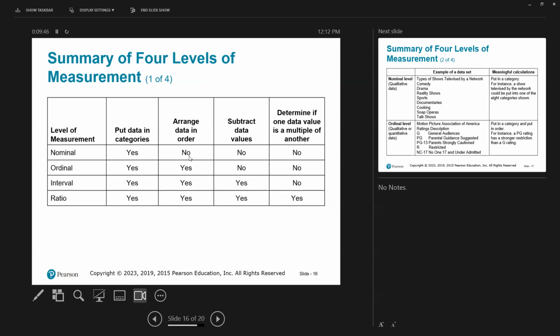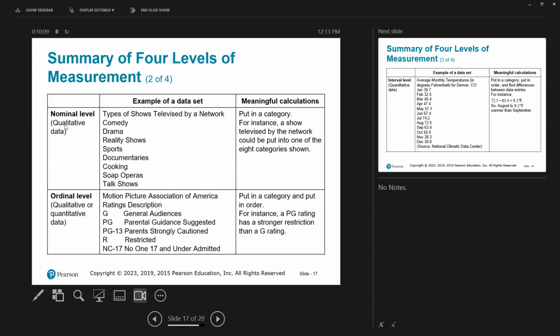There is no meaning. Then, subtracting data values: nominal doesn't allow you to subtract. For ordinal, the difference doesn't make any sense, but with interval and ratio, you can subtract data values. Determining if one data value is a multiple of another one is only possible with the highest level, which is called the ratio level.